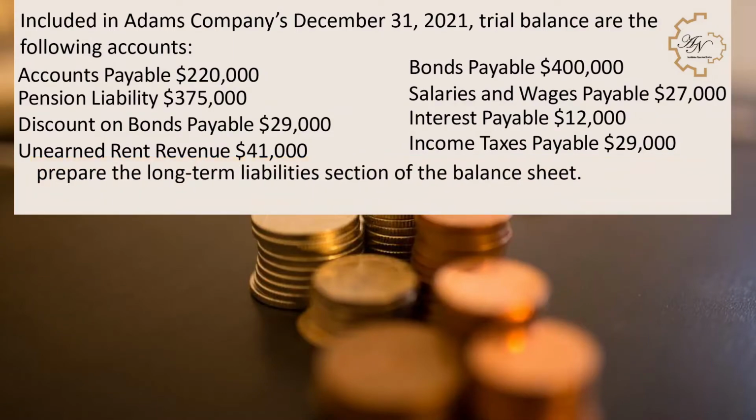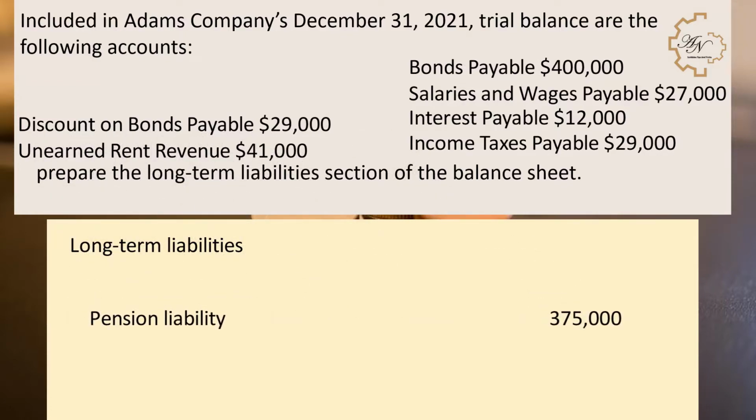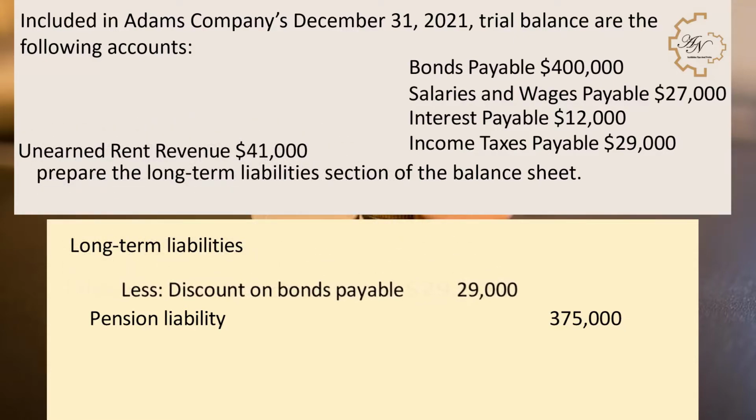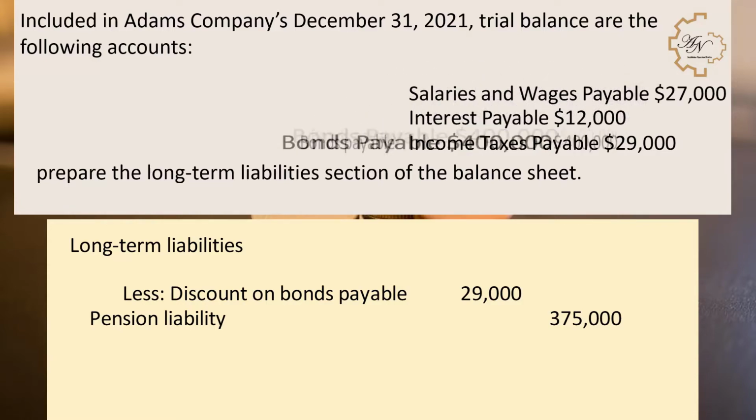We have accounts payable, it's in current liabilities. Pension liability, in the long-term liabilities. Discount on bonds payable, it's a contra account. It will be deducted from bonds payable. We have unearned rent revenue. It's in current liabilities. Bonds payable in the long-term liabilities.